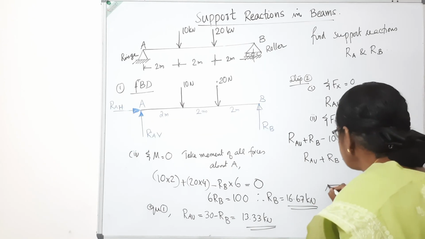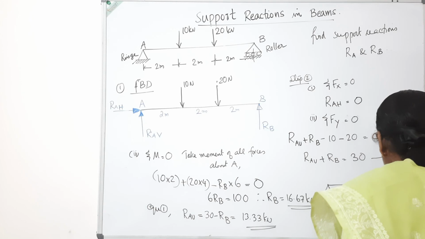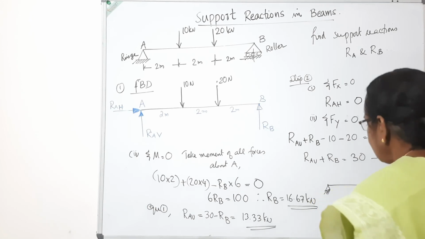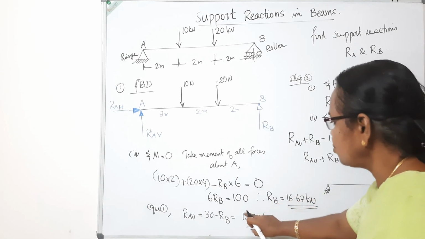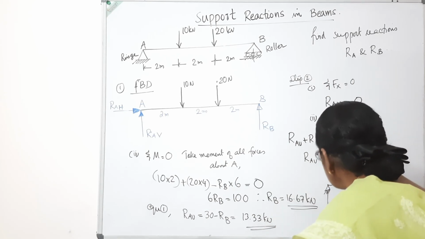This is the given question. Hinge here, roller here, and RA. There is only a vertical component, the horizontal component is 0. So we have to mark only this.